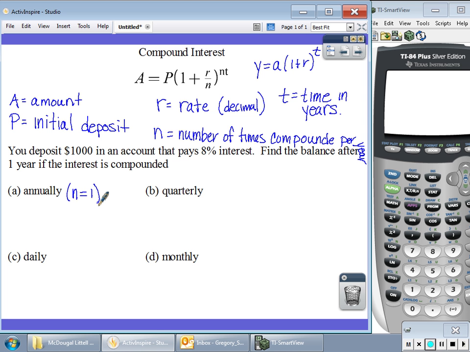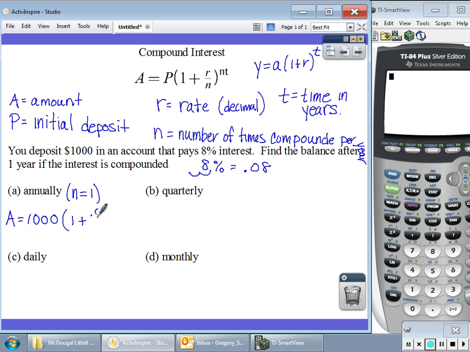And so we'll have A, we're trying to find the amount, the balance. We deposited 1,000, so P is going to be 1,000 times (1 plus our rate, which is 8%). Now remember, 8% as a decimal, you move the decimal point over twice, so that is 0.08.